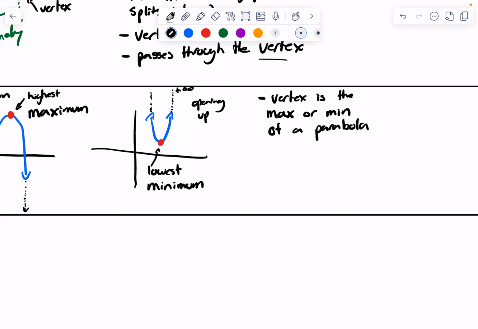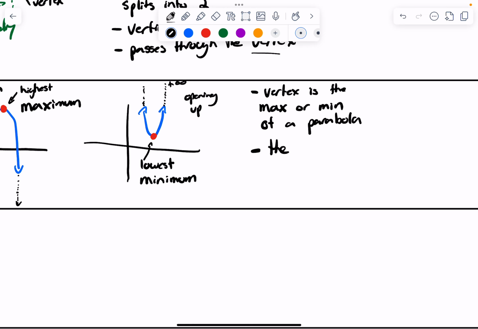All right, but just as above, it is also the x coordinate, all right, of the vertex is the axis of symmetry.